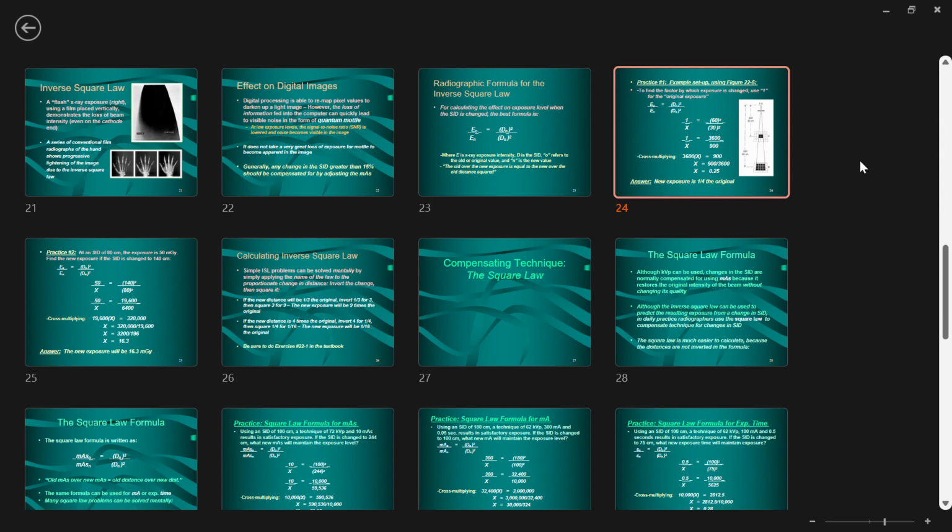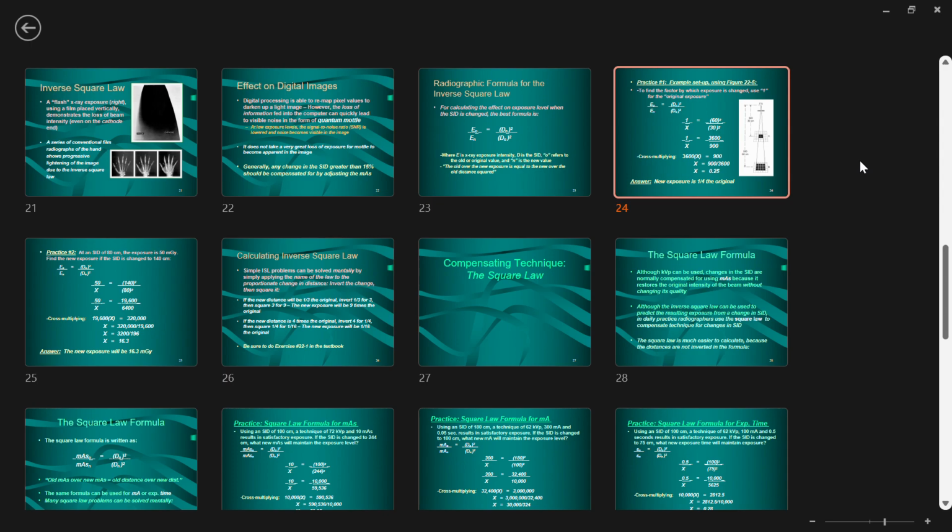We have the unknown is X, exposure new. Over 72 squared over 40 squared. And then it's just the same process, right?